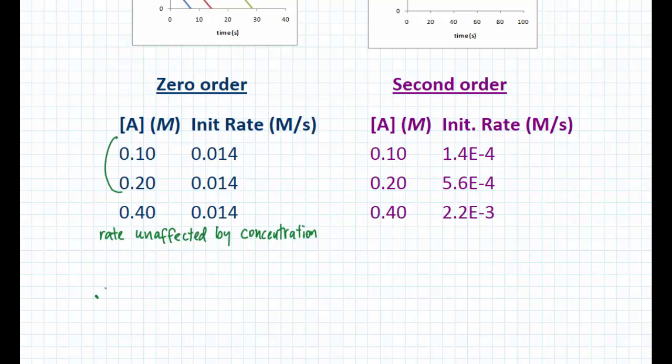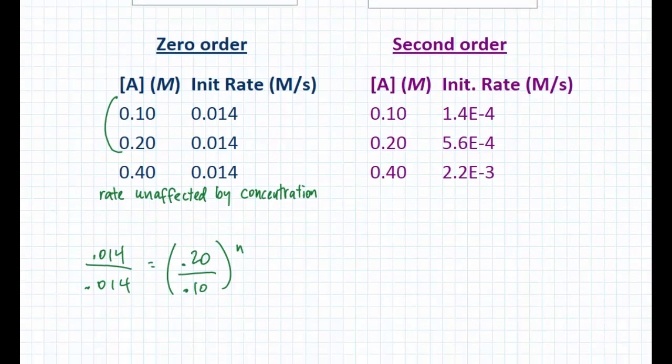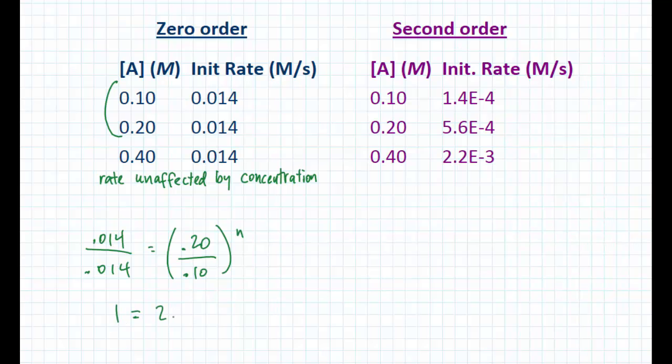It's usually easier to have a larger value over a smaller value, but if I put those two rates over top of each other, and the two concentrations over each other, the rates are 0.014, and the two concentrations, 0.20, 0.10, to the power n. n equals, as we would expect, n equals what? 0.